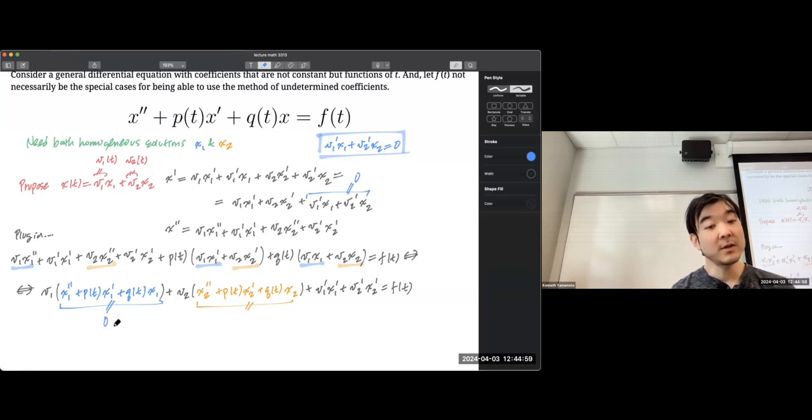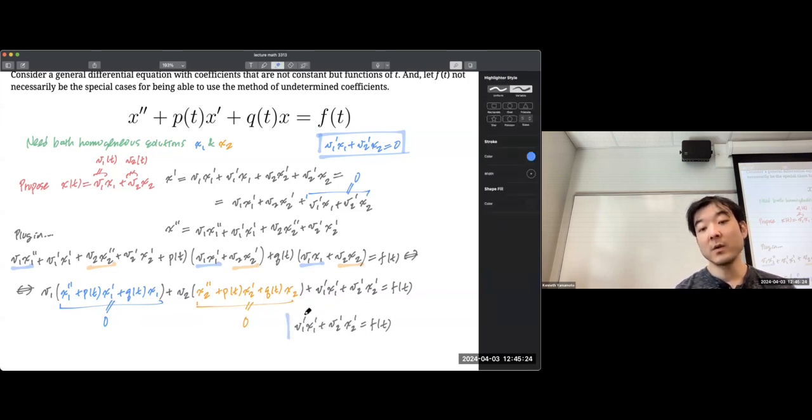So this should be equal to 0. And same idea, x2 is also a homogeneous solution. So plugging it in, which is exactly what this is, should equal 0 because they're homogeneous solutions, which leaves us with just this right here has to be satisfied. So it leaves us with, I'll just copy it. This is your other equation.